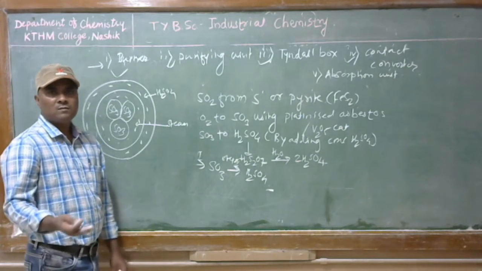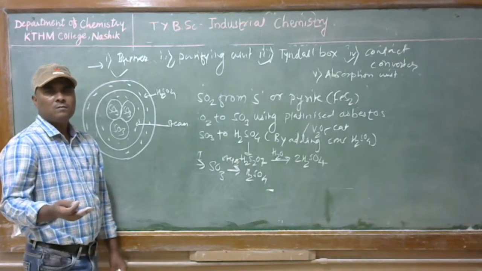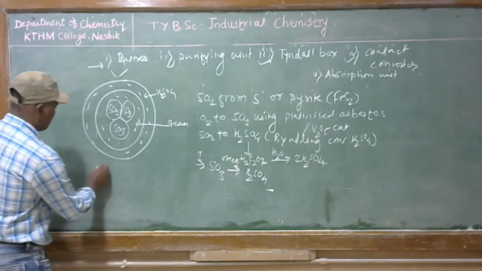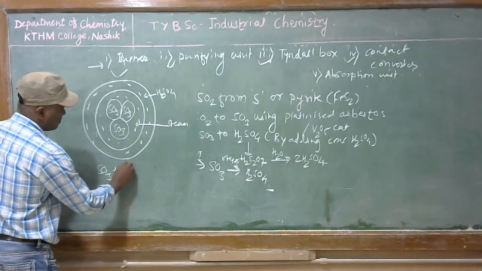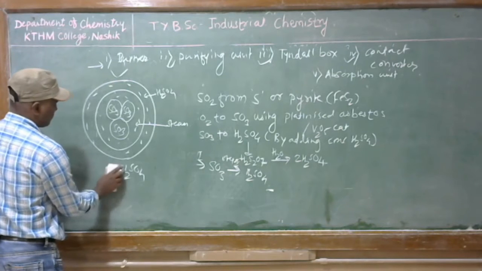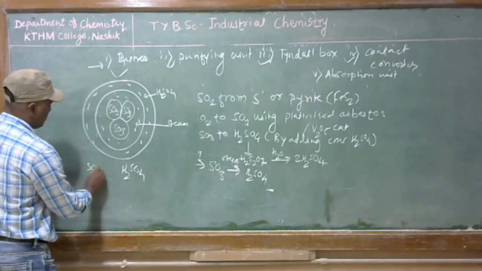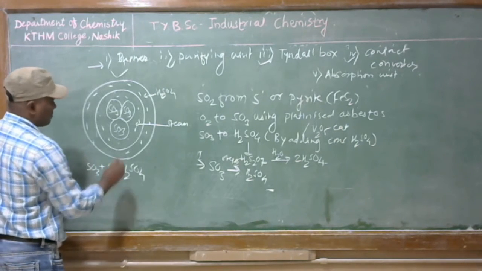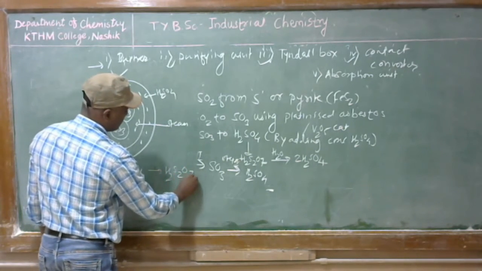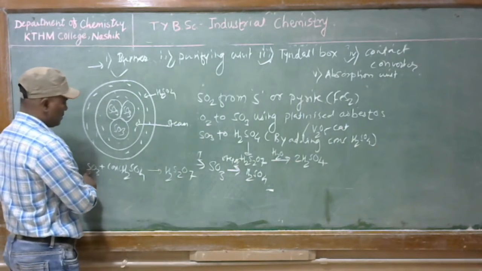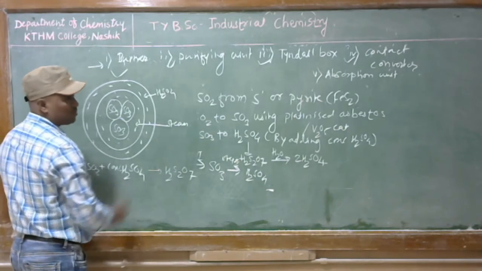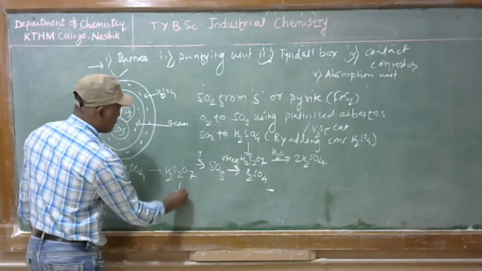To avoid this problem in the reaction, SO3 is absorbed by introducing concentrated H2SO4. SO3 is absorbed by concentrated H2SO4 to give H2S2O7, oleum.